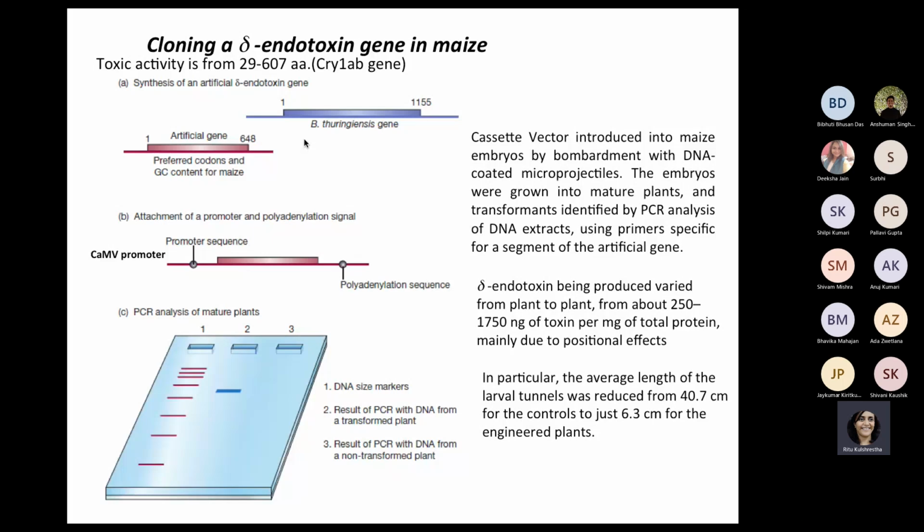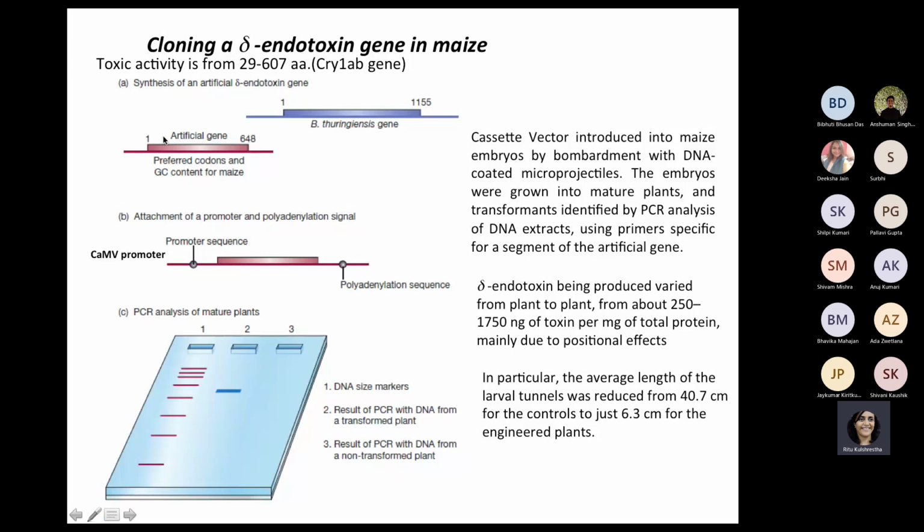No, that was not the case, because you have to realize that it is of bacterial origin, and we are transferring it into plants, which are eukaryotic. So the problem of codon bias was there. It was realized that we have to alter the codons in the original bacterial gene to make it effectively translated when transferred into plants.